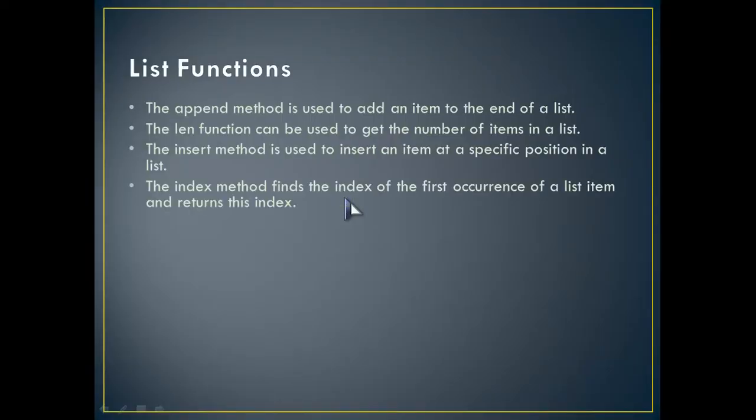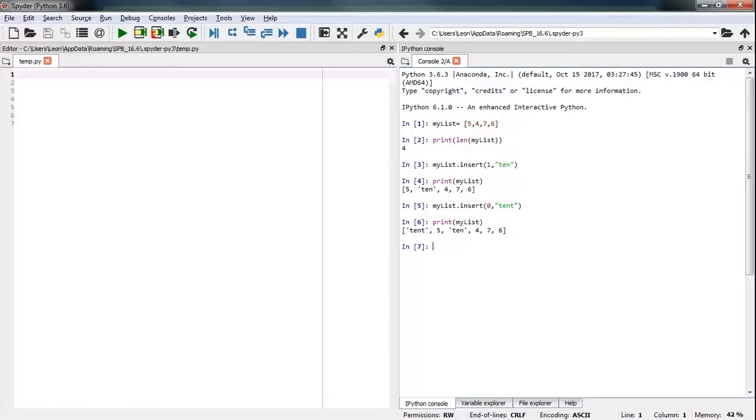Then we have the index method, which finds the index of the first occurrence of a list item and returns this index. This is basically to get the index of a certain item. We do this by saying, for example, if I want to get the index of 10 of my list, the index is actually 2, 0, 1, 2.